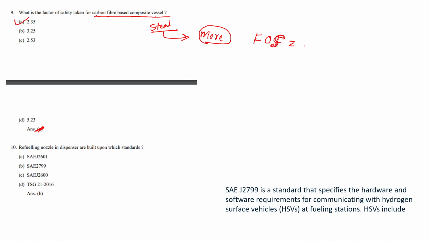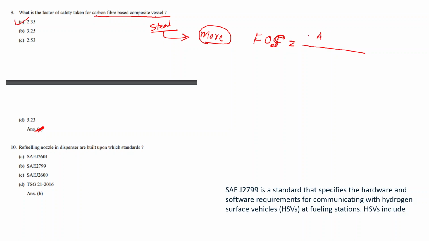So carbon fiber is lighter but safer, with more pressure withstanding capacity. Steel can bear less, I think, in comparison with carbon fiber. Okay, what is the factor of safety? First of all, you should understand. A tank is designed with strength of double, or 2.35 times, the capacity.